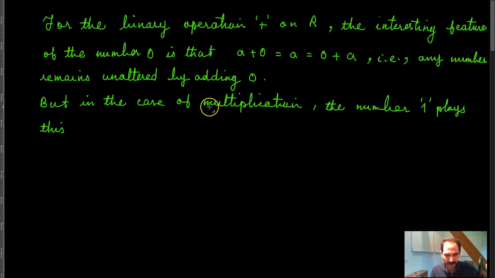And 1 we called the identity of multiplication, because any number times 1 is equal to that number itself, right?